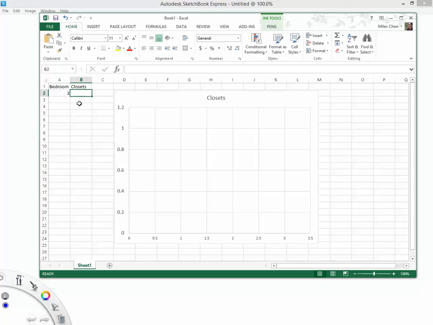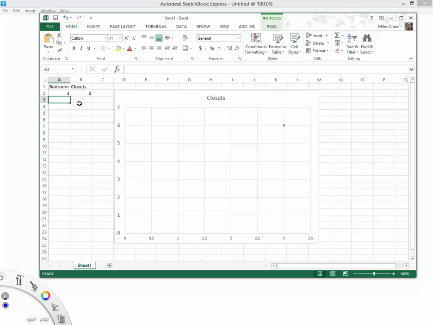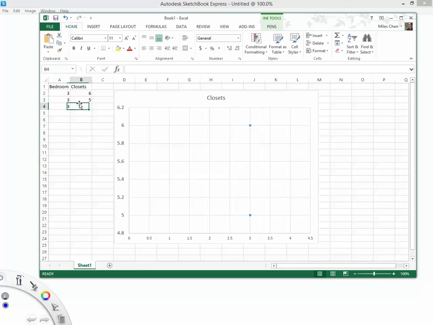Who knows? And then we go to another house. It has 3 bedrooms, and we count how many closets. It has five closets or something. And then another house has 4 bedrooms and 5 closets, maybe 4 bedrooms and 7 closets.